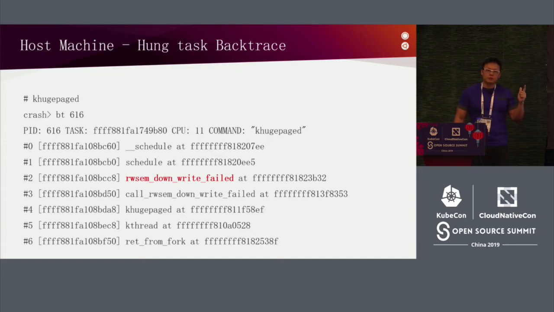Another one is khugepaged. What is a huge page? I think the page faults will become less and less, and its TLB miss possibilities will be reduced. You can check it yourself later.